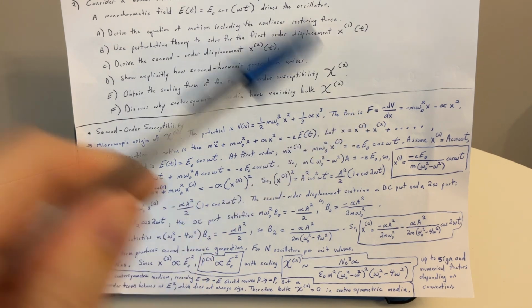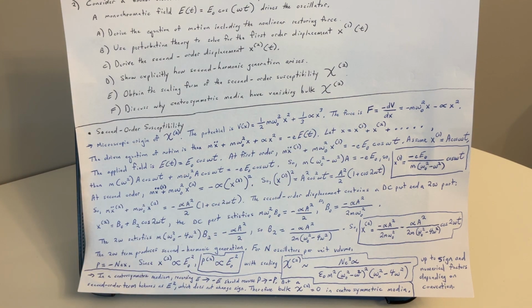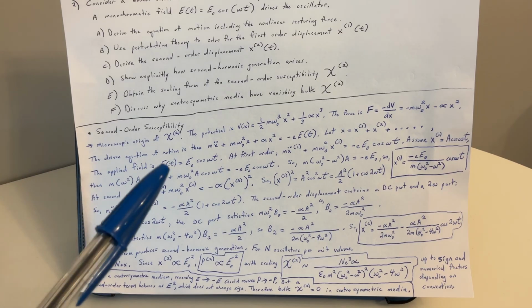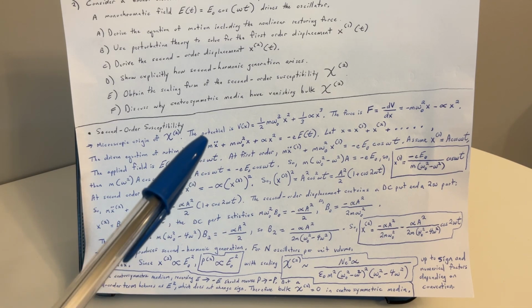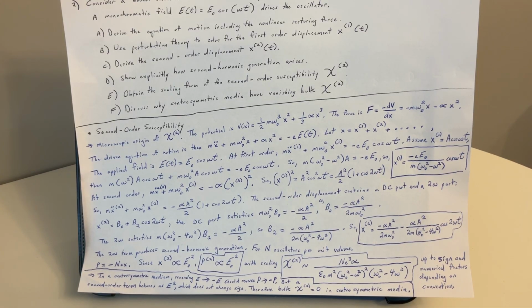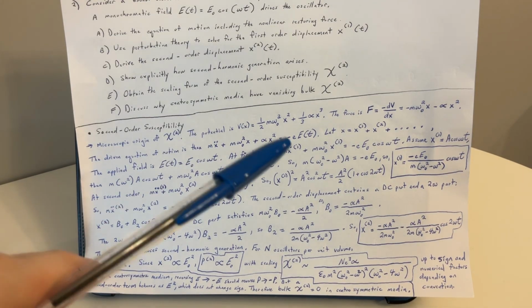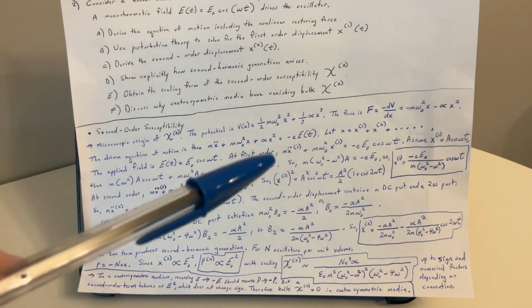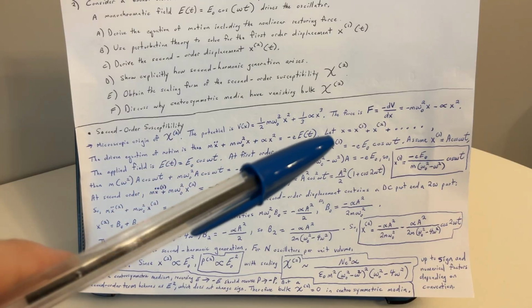The force is given here as F equals negative dV/dx, and that's negative m omega naught squared x minus alpha x squared. Okay, the driven equation of motion is then m x double dot plus m omega naught squared x plus alpha x squared equals negative e times E of t.